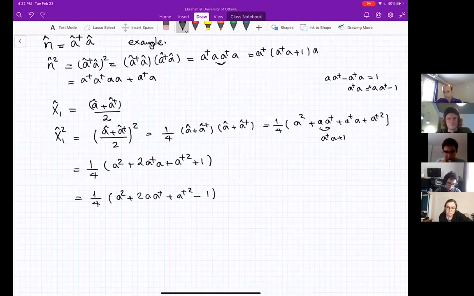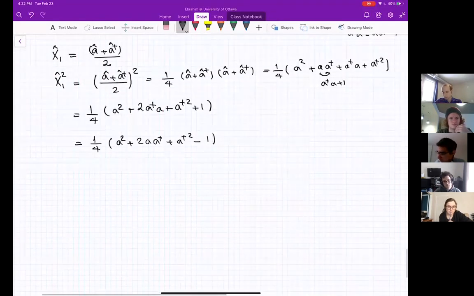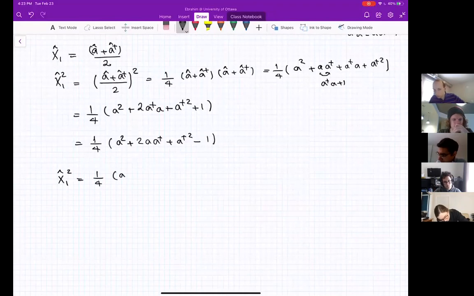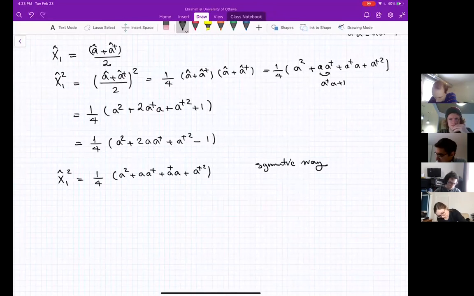So if you look at the x squared, I have 3 ways to show it to people. What are those 3 ways? One is, this is the same, all of them, 1 divided by 4 of A squared plus A A dagger plus A dagger A plus A dagger power of 2, which is the symmetric way. Whatever you have between A and A dagger is symmetric, right?